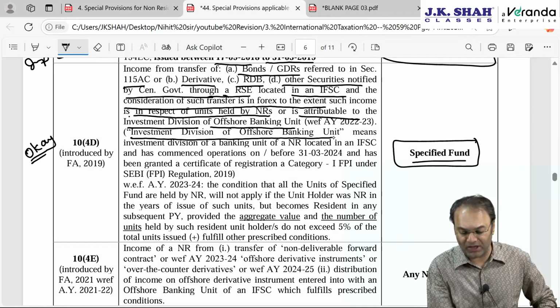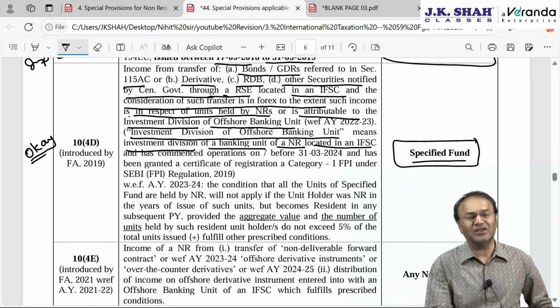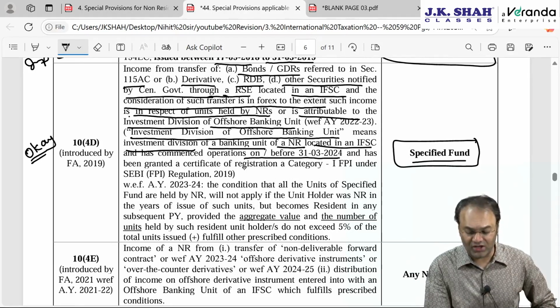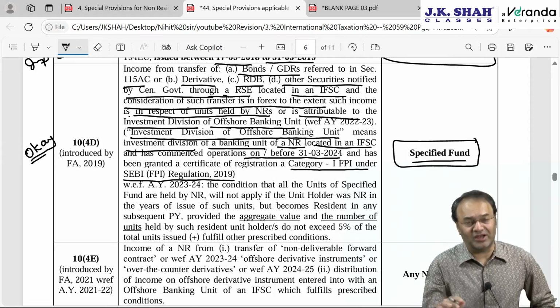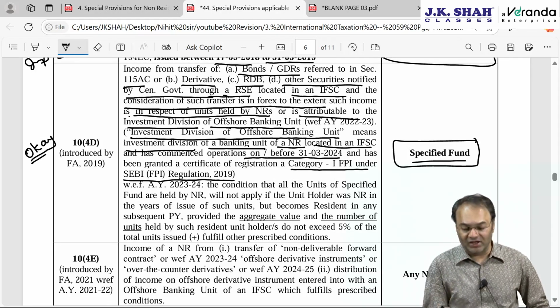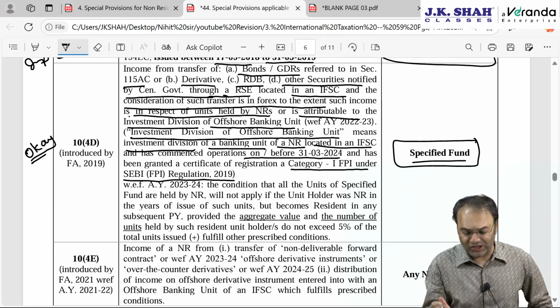Investment division of an offshore banking unit means the investment division of a banking unit of a non-resident which is located in IFSC, plus a few more conditions: that it has commenced its operations on or before 31st March 24 and has been granted a certificate of registration as a category 1 FPI, category 1 foreign portfolio investor, registered under SEBI and regulated by SEBI regulations 2019 pertaining to FPI. So that much income which pertains to non-resident investors or pertains to the investment division of an offshore banking unit.